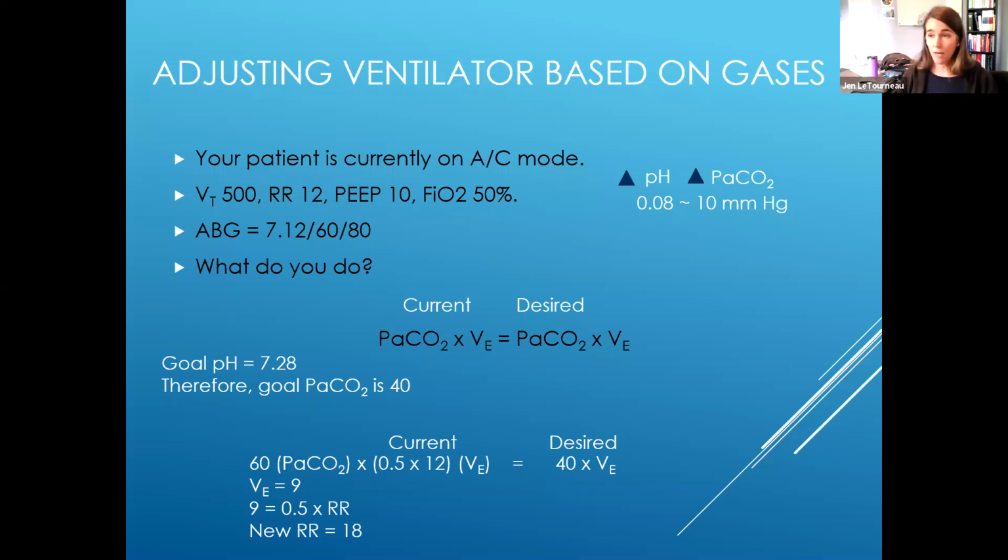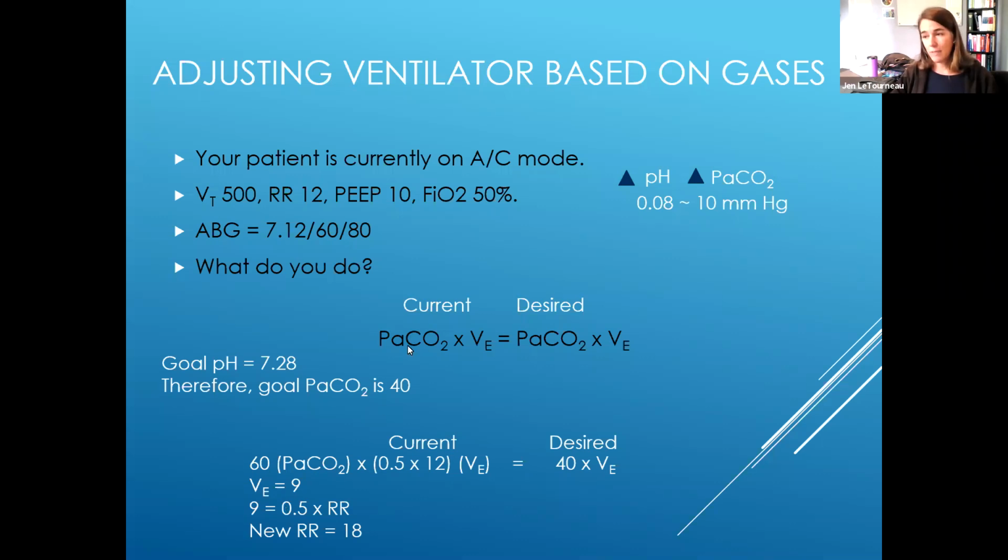So if you were in shock, the norepi didn't work as well. So we want to get that above 7.25. To make math easy, we're going to go 7.28, so that's an increase by 0.16. If we increase the pH by 0.16, our PCO2 has to decrease by 20. Everybody following that? So our goal PCO2 is 40.